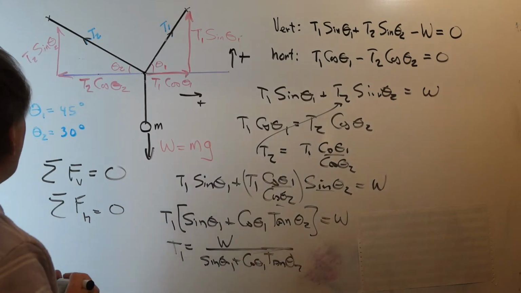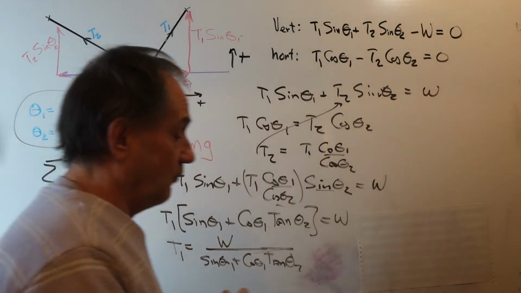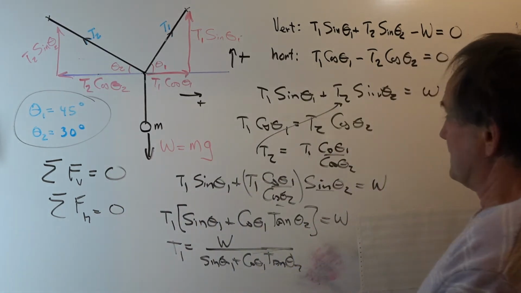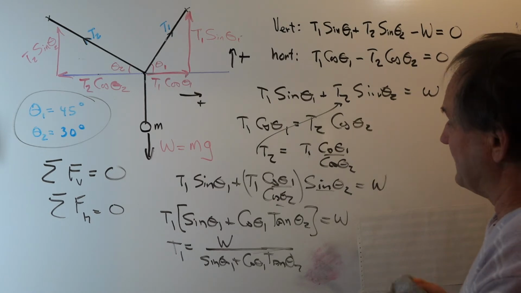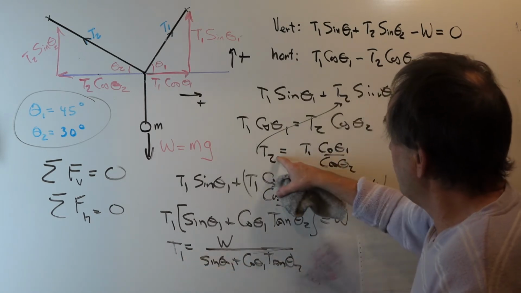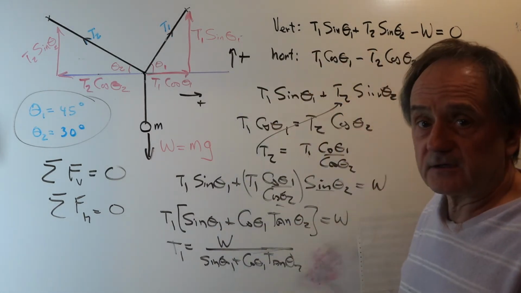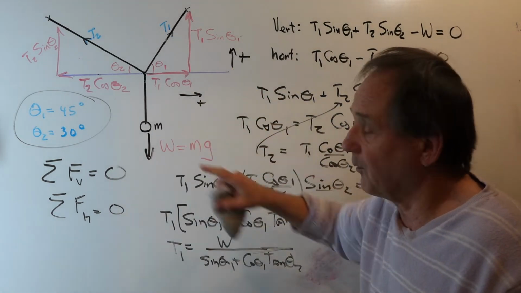Now let's put in our values where theta 1 is 45 degrees and theta 2 is 30 degrees. I'll rewrite these two equations up on the board here, and then we'll solve exactly for T1 and T2 in terms of the weight.